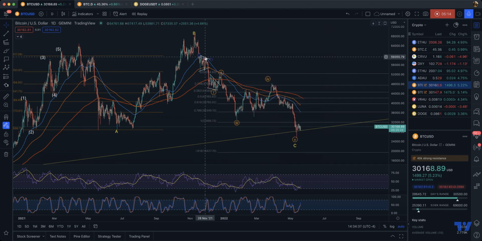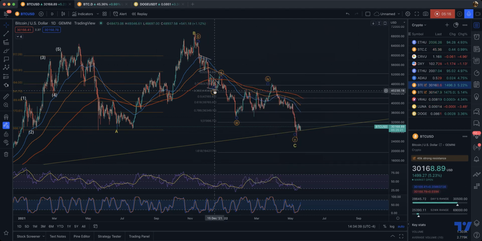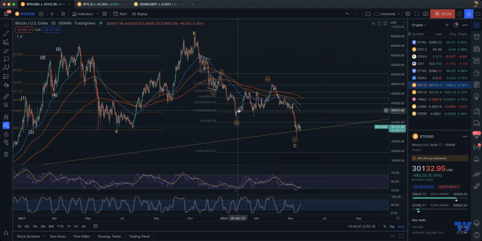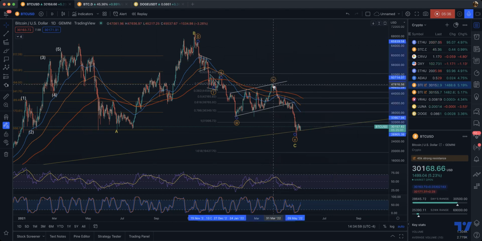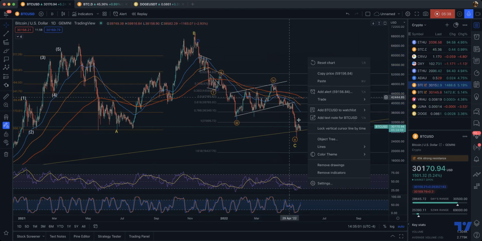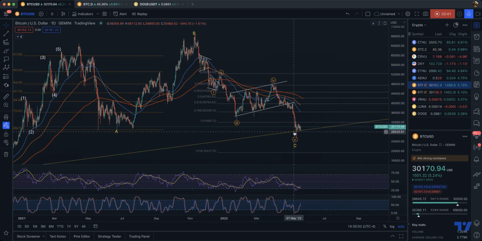But this is 1, 2, 3, wave 1, 1, 2, 3, wave 2, 1, 2, 3, 4, 5, wave 3, and then you have this mess basically that is a wave 4, which is a typical wave 4. It's just a mess. And then wave 4 is basically when we nuke into wave 5, which just happened.